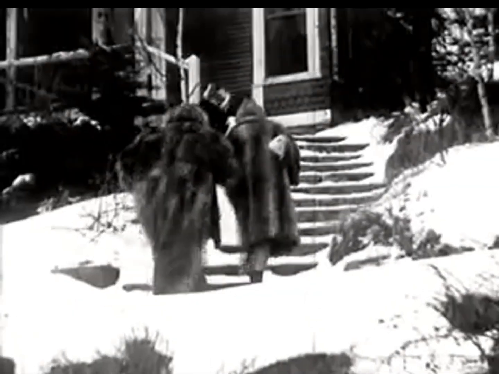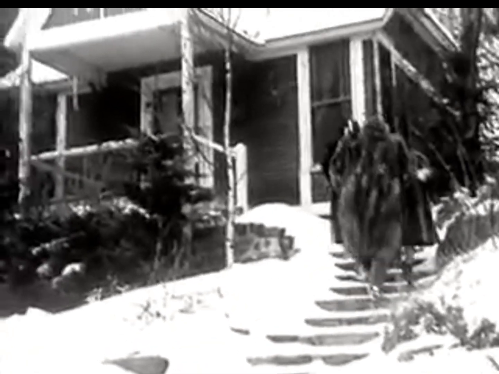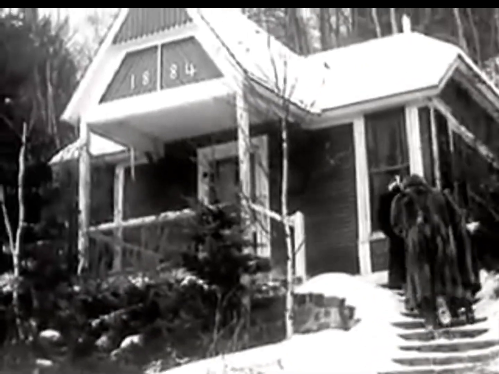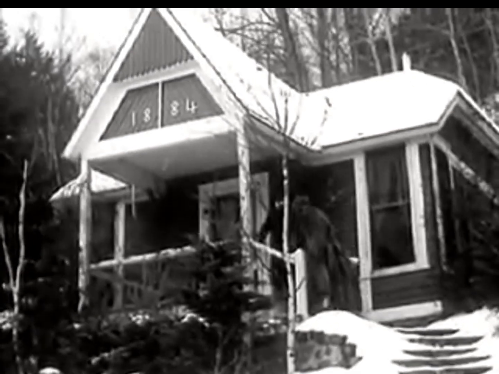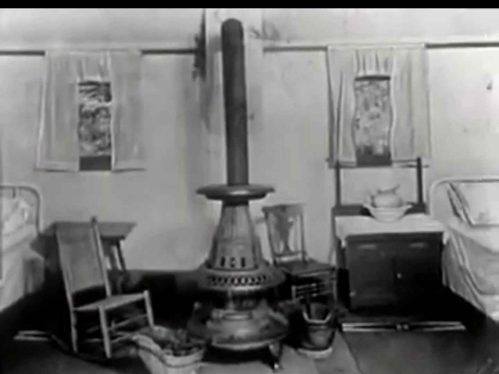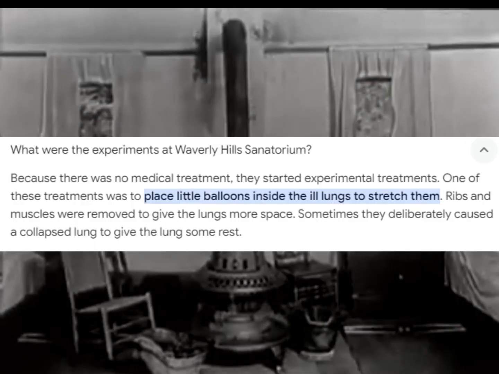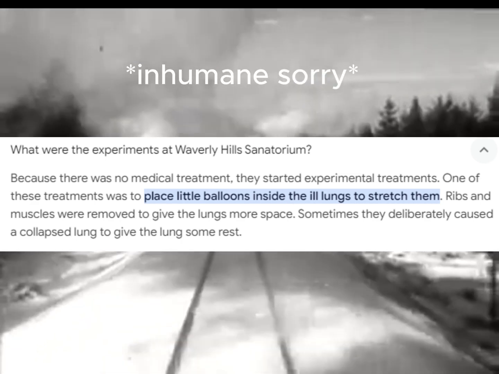I think it was discovered in 1883. The reason it's all mysterious is because of the thing called the TB sanatorium. The TB sanatorium is a place where they exile most of the TB patients, basically, to stop the spread. And apparently the treatment back there was very inhumane, because they just left them there.